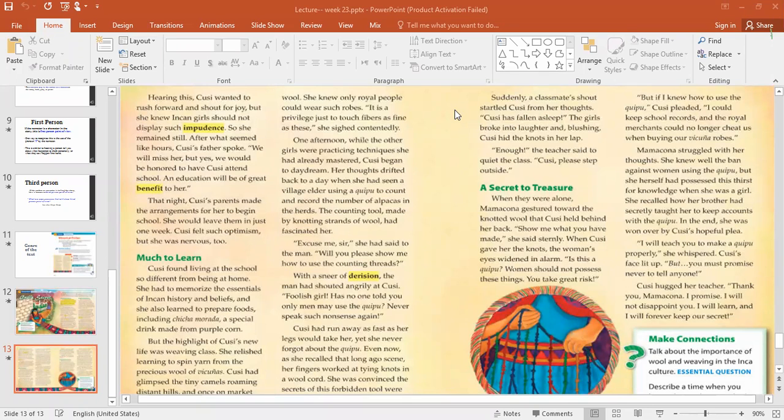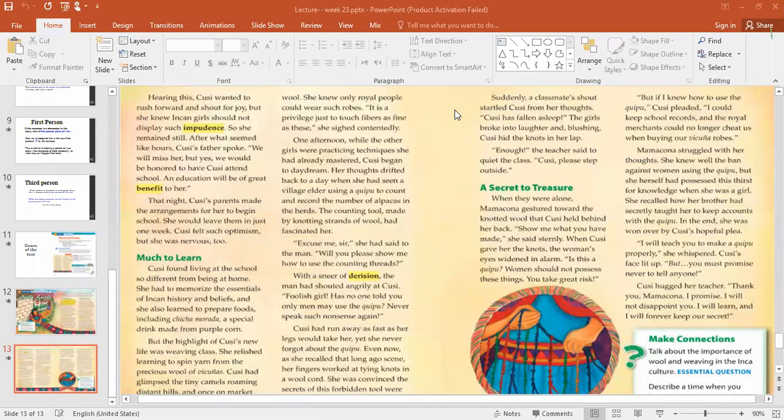Okay, so hearing this, just a second, Hassan. Cassie wanted to rush forward and shout for joy. She was very happy. Okay. But she knew Incan girls should not display such impudence. So even these girls are not allowed to show their happiness. She wanted to shout and rush, to run, to jump to show that she's happy. But in their traditions, this is an impudent action.